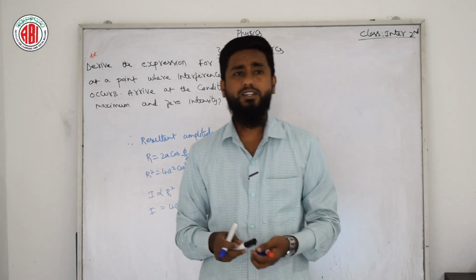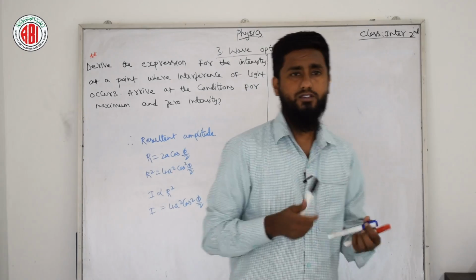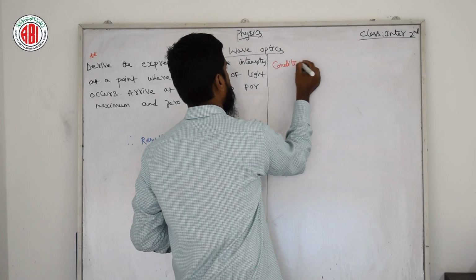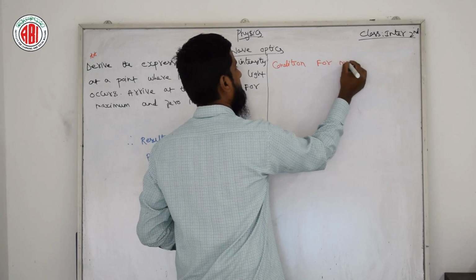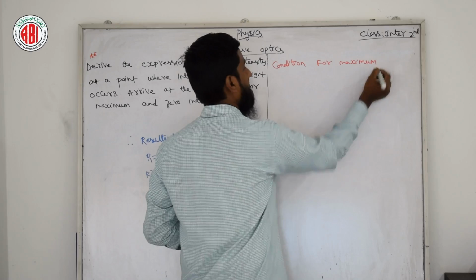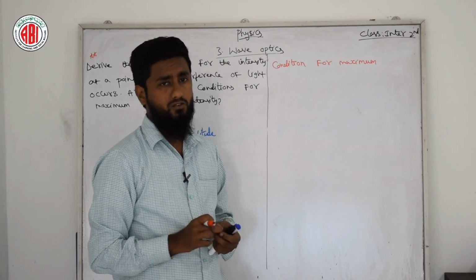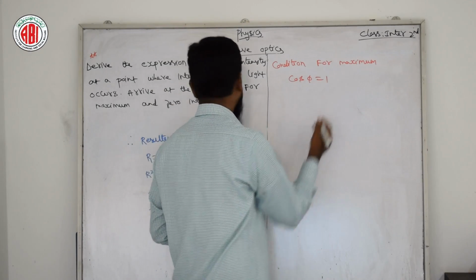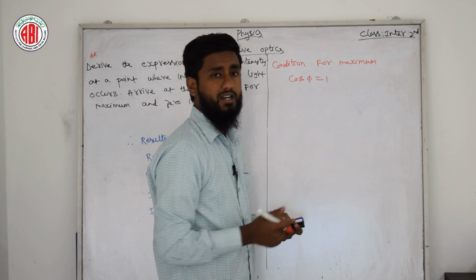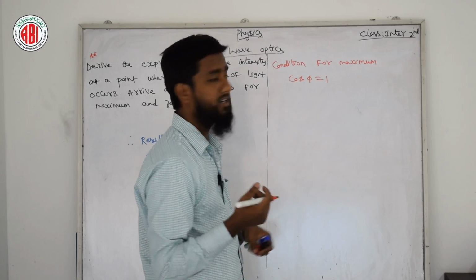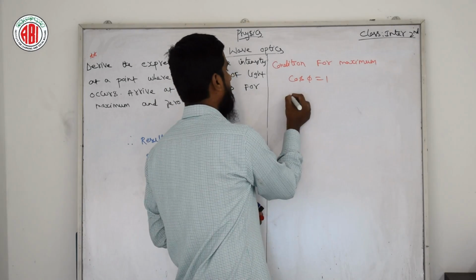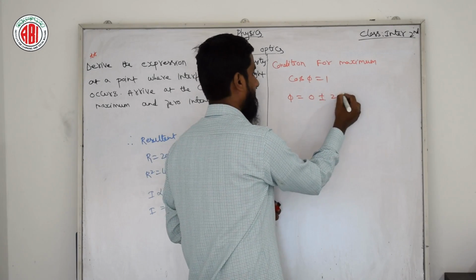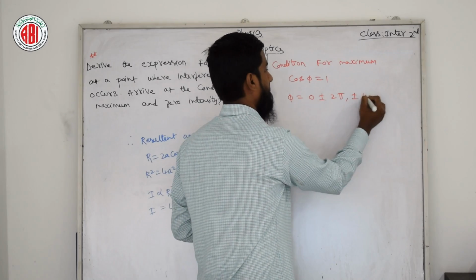Now after that we need the condition for maximum and the condition for minimum. For maximum, the condition we have is cos phi is equal to 1. So finally after calculating we get the phi value equal to 0, plus or minus 2 pi, plus or minus 4 pi, and so on.